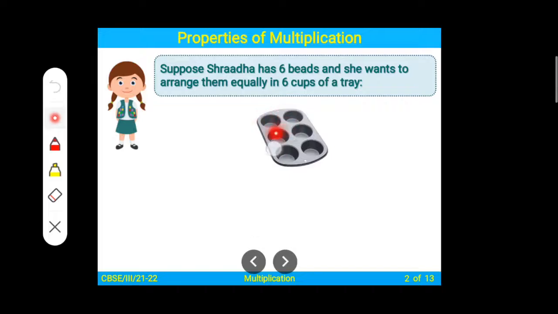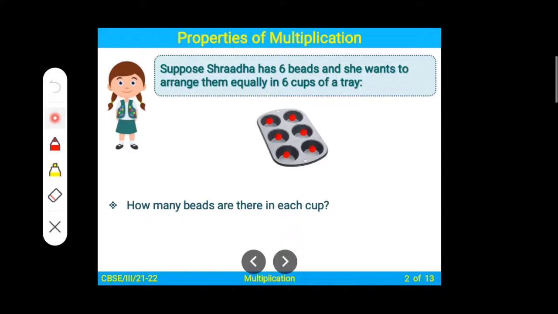There are 1, 2, 3, 4, 5 and 6 cups in one tray. These red-colored ones are the beads. Now she is arranging the first bead in the first cup, the second bead in the second cup, the third bead in the third cup, like that. The other beads are arranged equally in the cups, right?